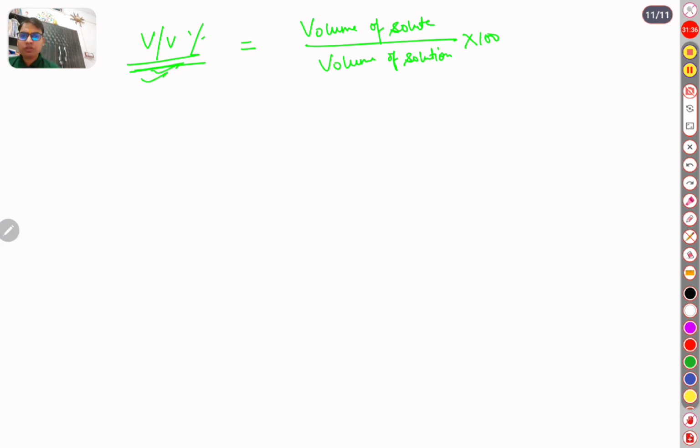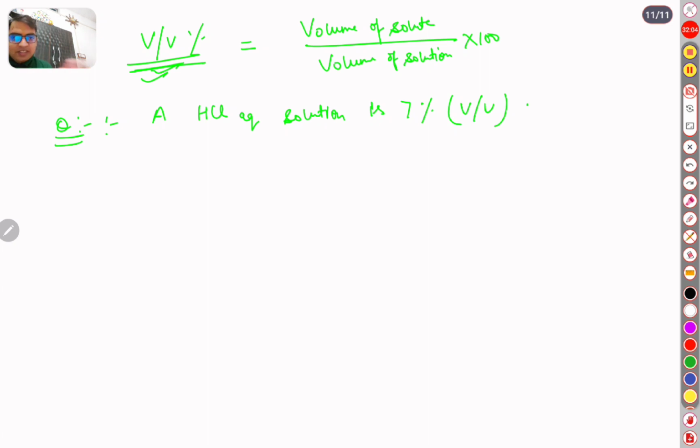One question, let us see. An HCl aqueous solution is 7% volume by volume. What does this mean?